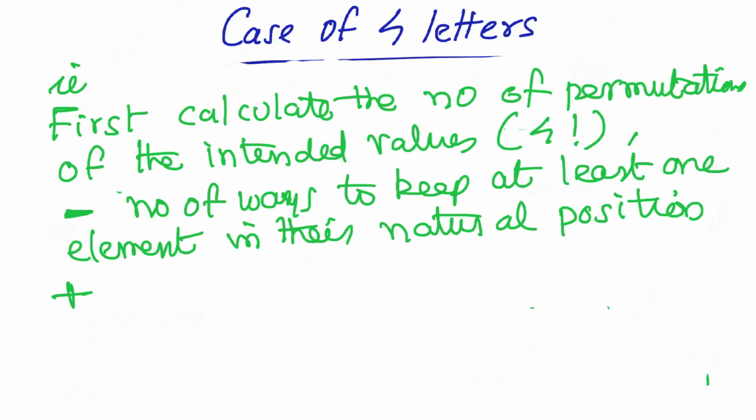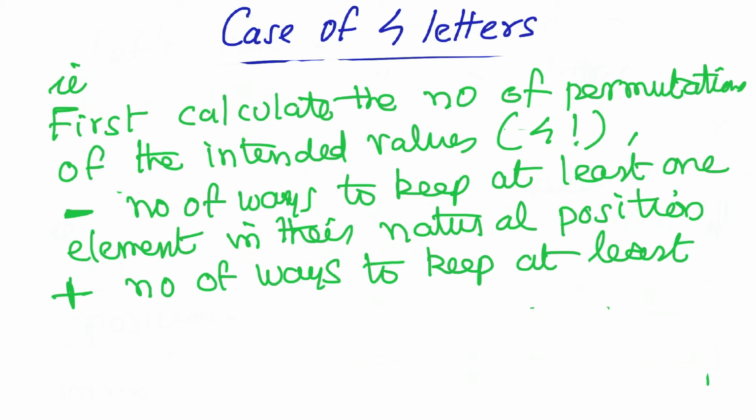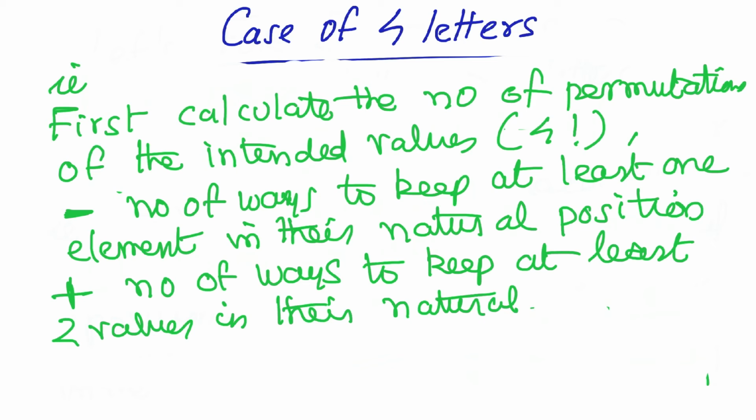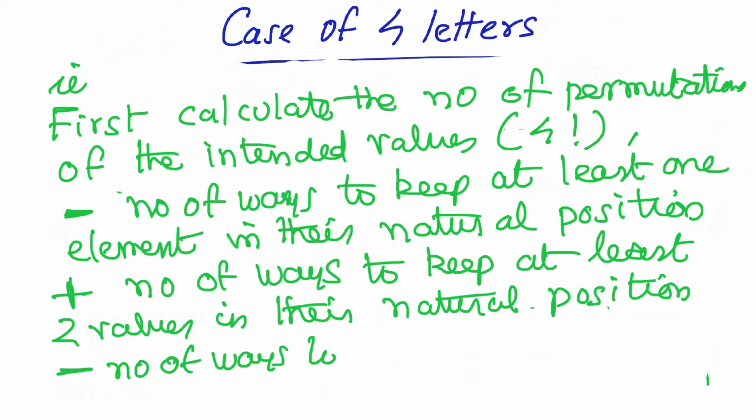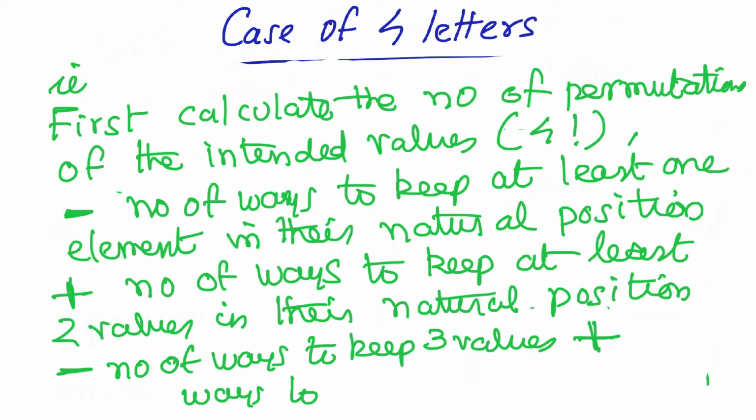Then we went on to add the number of ways to keep at least 2 values in their natural position, and then from that subtracted the number of ways to keep 3 objects in their natural position, and finally added the number of ways to keep four objects in their natural position.